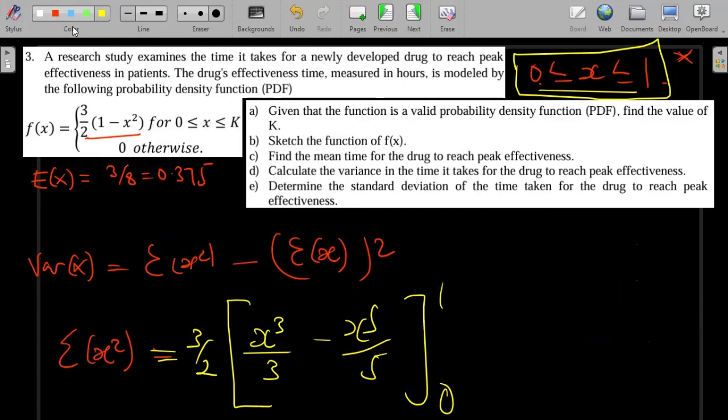Let's substitute. So 3 over 2, in the bracket, I'm just going to have 1 over 3 minus 1 over 5, because when I substitute 0 there, it will just be zeros. So 1 over 3 minus 1 over 5, what are we going to get?